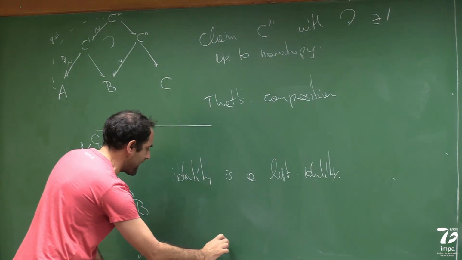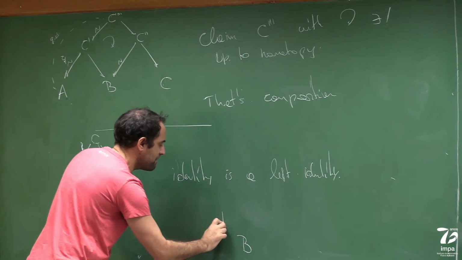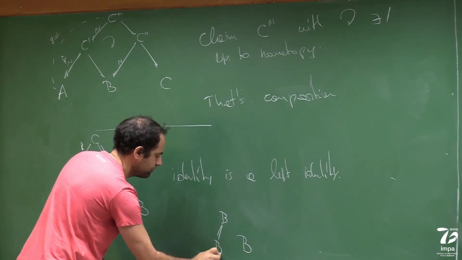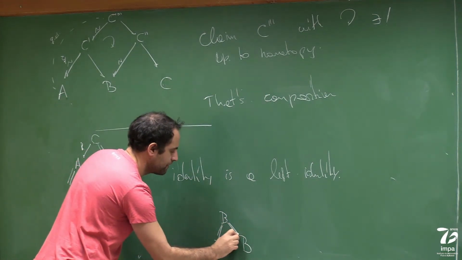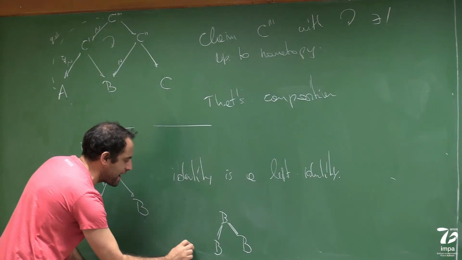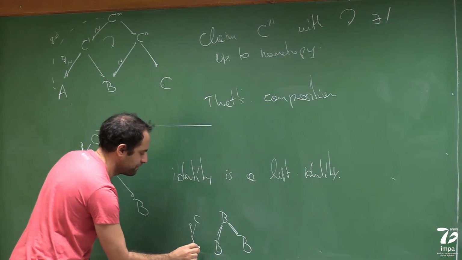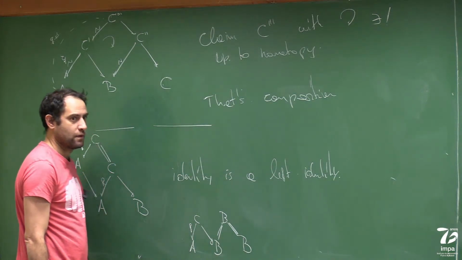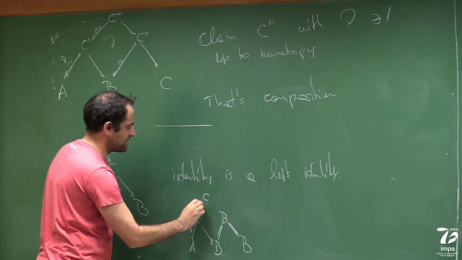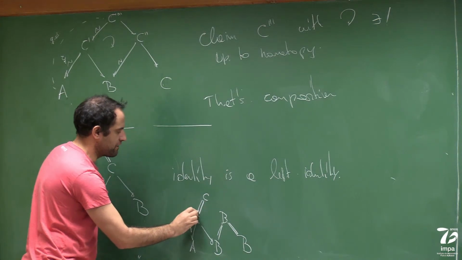So if I have the identity on B, and I have some map from A to B, so now this is a quasi-isomorphism. Then again, you just pick the same C. Here you have the identity.